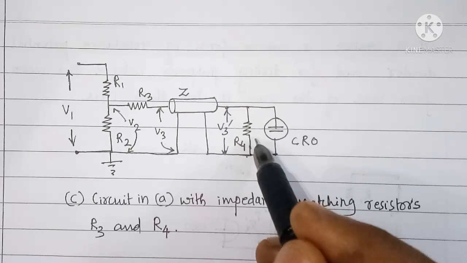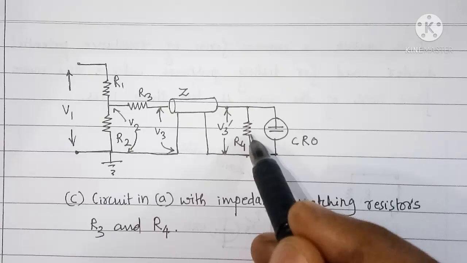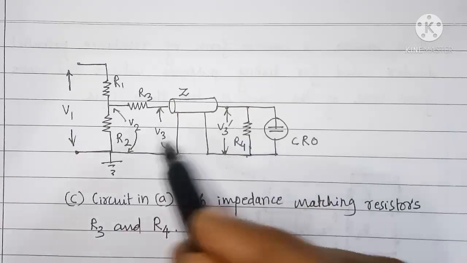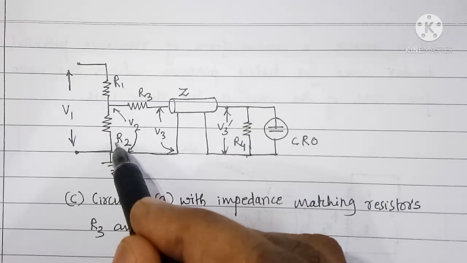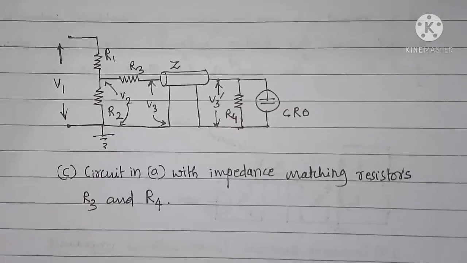Because of that, the reflection coefficient becomes equal to 0. Hence, no voltage wave will be reflected towards the potential divider. So I'll write in detail now.